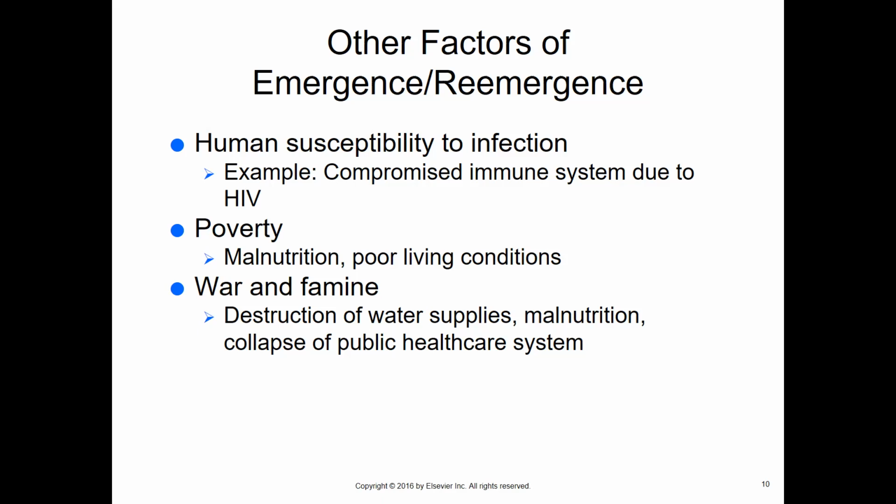Also, we have some breakdown of human public health measures. Public health and sanitation measures have proven their effectiveness at minimizing infectious disease. But if we have any breakdown of those health measures, it can be responsible for the emergence or reemergence of a disease. Human exposure to pathogens spread by traditional routes such as food and water supplies can be largely controlled by appropriate health measures.